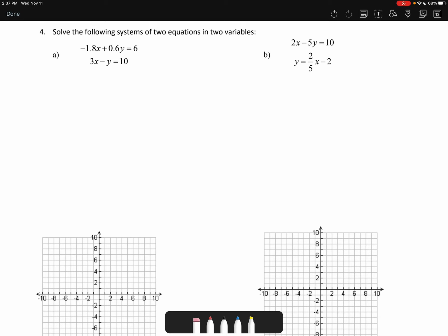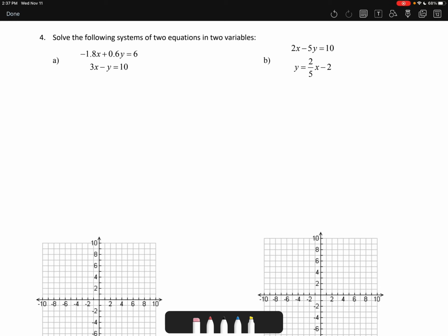So in this first case, I know we've got some decimals there, but this is set up really great for that addition method because they're both in the standard form of x plus y equals a constant. So what I'm going to do here is get creative, and what I can figure out is that if I multiply this second equation by 0.6, I can actually turn that y into its opposite, right?